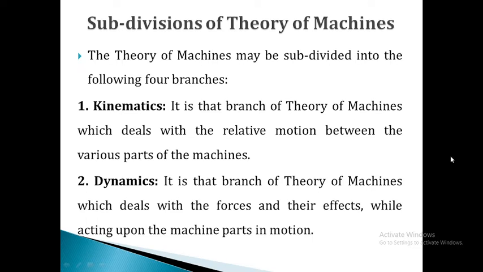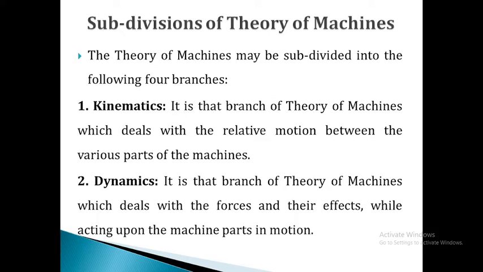Theory of machine is subdivided into two parts: kinematics of machines and dynamics of machines. Kinematics of machines is that branch of theory of machines which deals with the relative motion between the various parts of the machine.